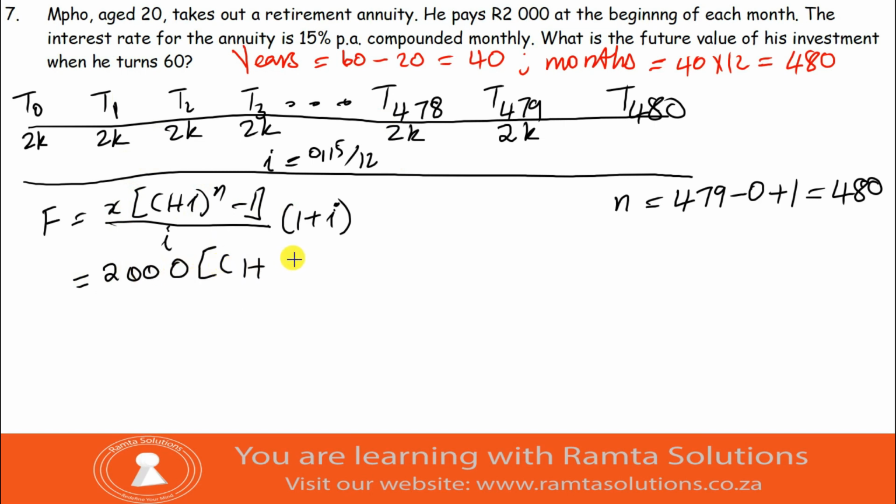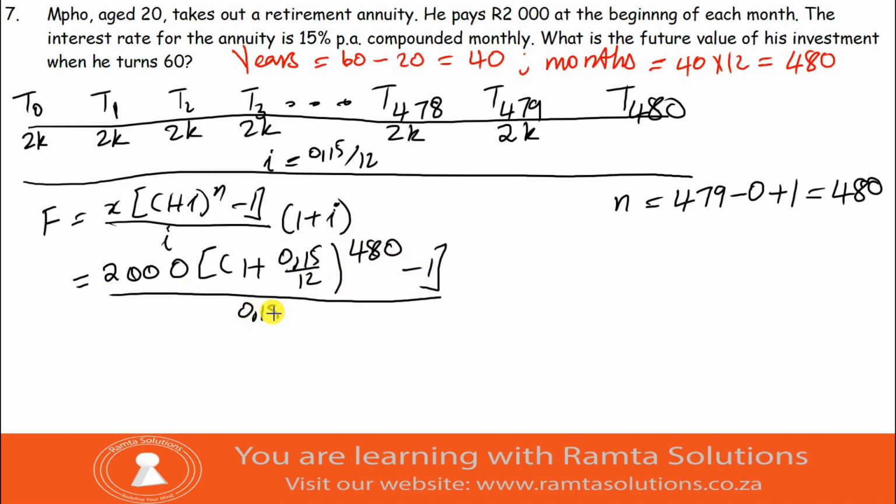And what is the interest? 0.15 over 12. How many installments? 480 installments minus 1. It's 0.15 over 12. 1 plus 0.15 over 12. Right. Let's get the value of this.